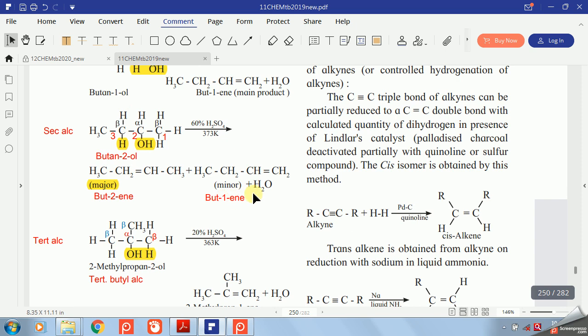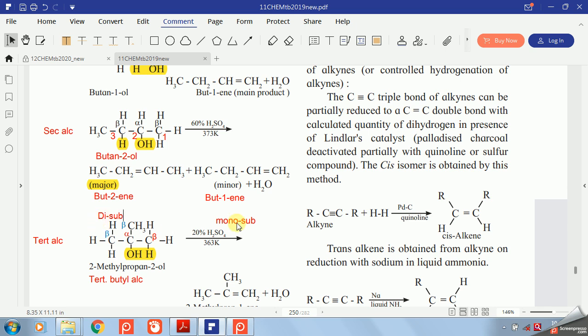So your but-1-ene is monosubstituted, and but-2-ene is a disubstituted alkene.